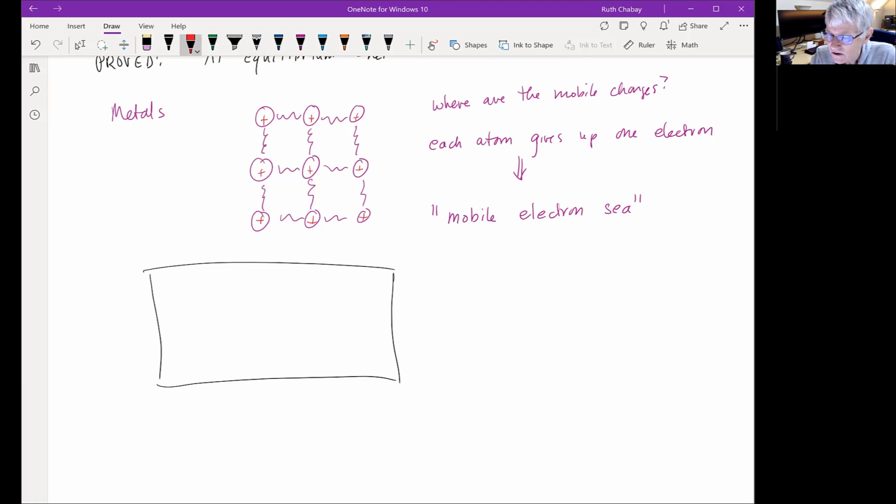And we have this sea of mobile electrons that can travel throughout the piece of metal. So if the piece of metal is a centimeter long, they could travel from one end to the other. If it's a meter long, they could potentially travel a meter. If it's a power line stretching many kilometers, any mobile electron could travel that far. So it's a mobile electron sea.